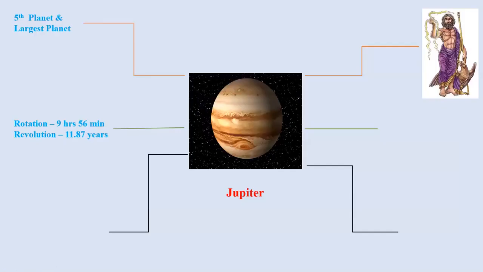So students, because it takes very less time to rotate, hence Jupiter is the fastest spinning planet in the solar system. It is called a gas giant planet because its atmosphere is made up of mostly hydrogen and helium like the Sun. As huge storms occur frequently on this planet, therefore it is also called a stormy planet.